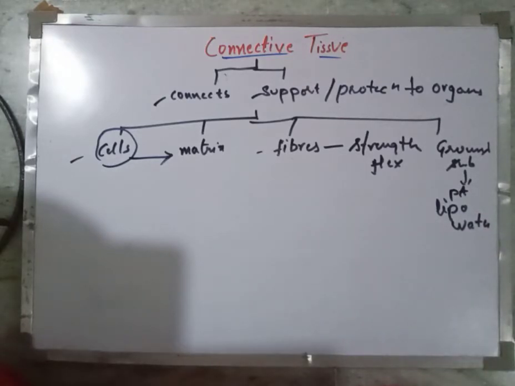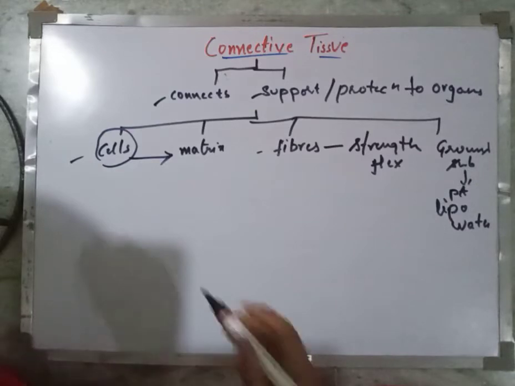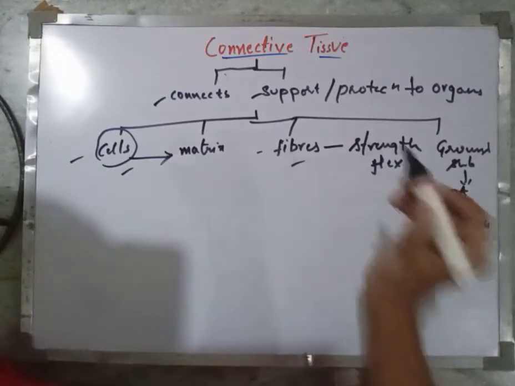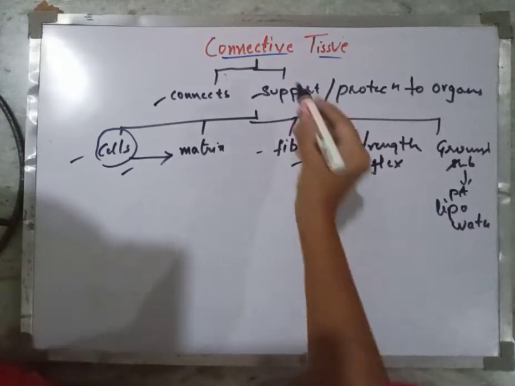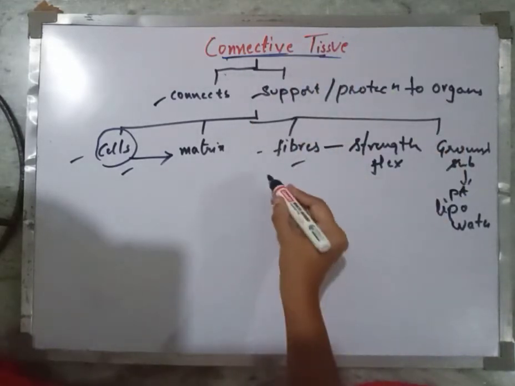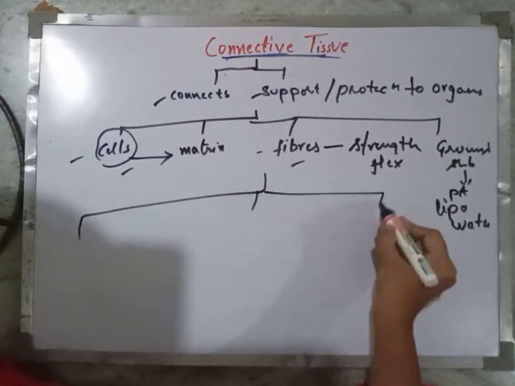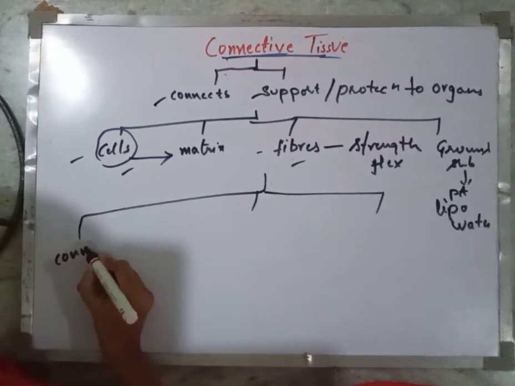Based on the types of cells and the types of fibers present in the tissues, connective tissues are broadly classified into three types.